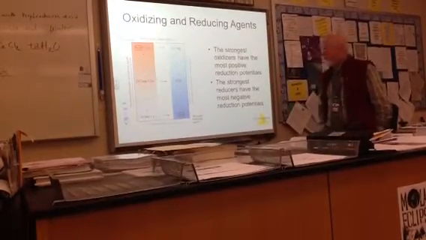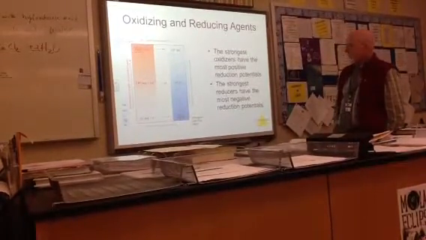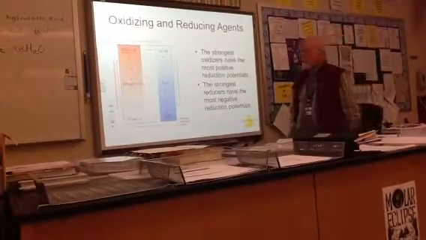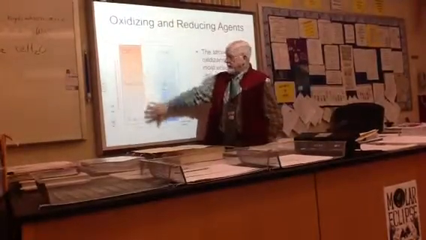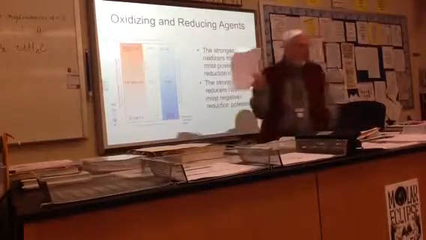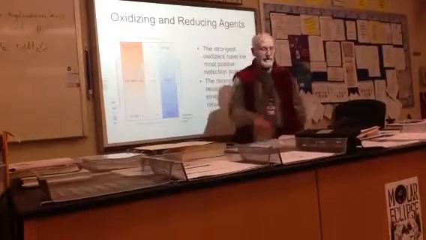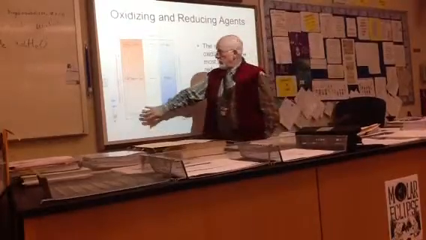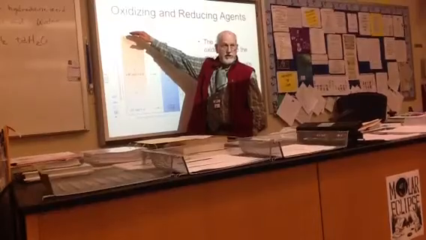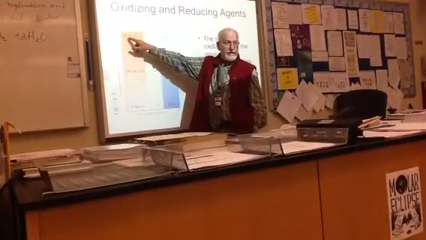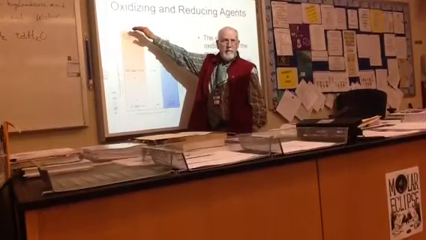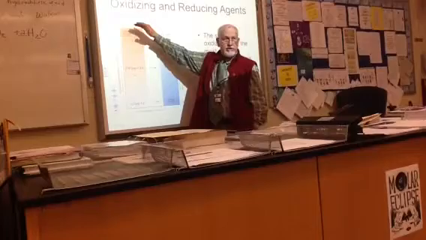This little table right here came out of the Brown LeMay book, but it's very nice because it shows graphically the difference between these on your standard potential table. When you're looking at the standard reduction table, at the very top corner it has fluorine gas, which is the highest for the reduction standard.